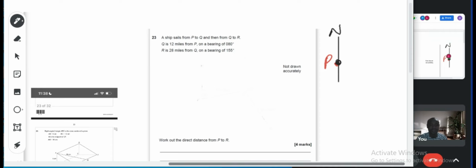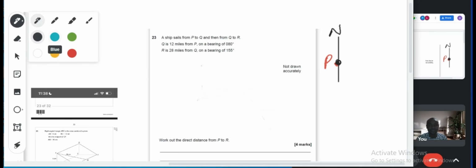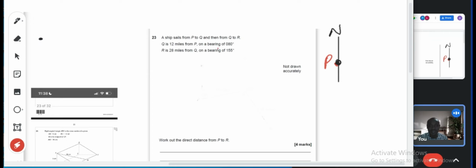And what's the line here? Okay, so the bearing is 080. So you measure out 080. So this angle should be 80 degrees clockwise.